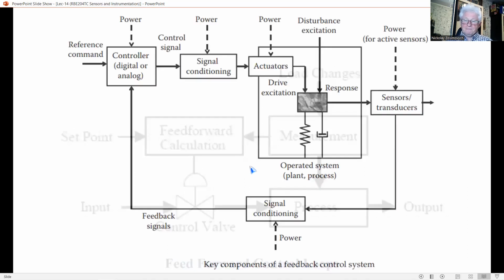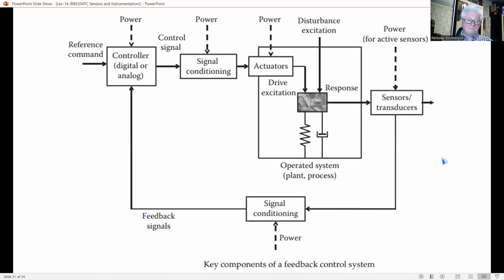In this figure, we have identified key components of a feedback control system. Several discrete blocks are shown, depending on the various functions that take place in a typical control system. In a practical control system, this type of clear demarcation of components might be difficult.